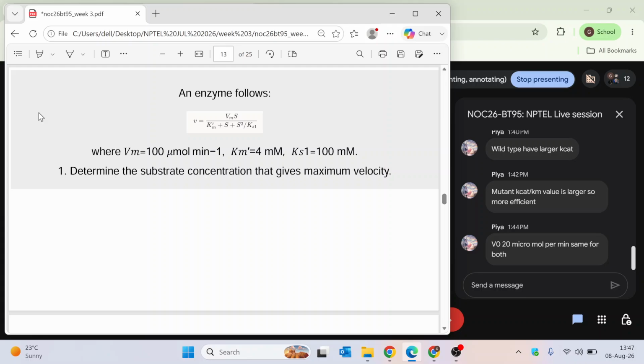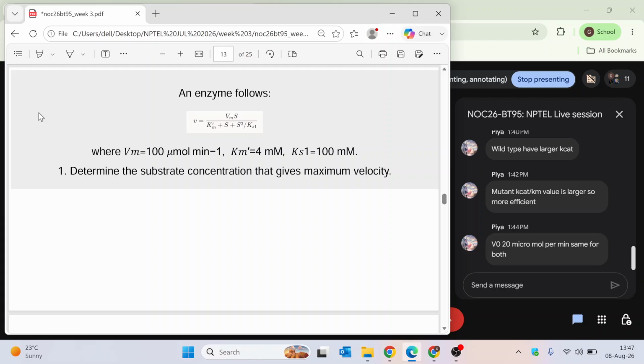So here I have not mentioned what it is, but by seeing the equation I think you will be able to find out which condition we are talking about. An enzyme follows V is equal to Vmax S by Km dash plus S plus S square by Ks1. Based on this equation, you first have to identify in what context we are talking.